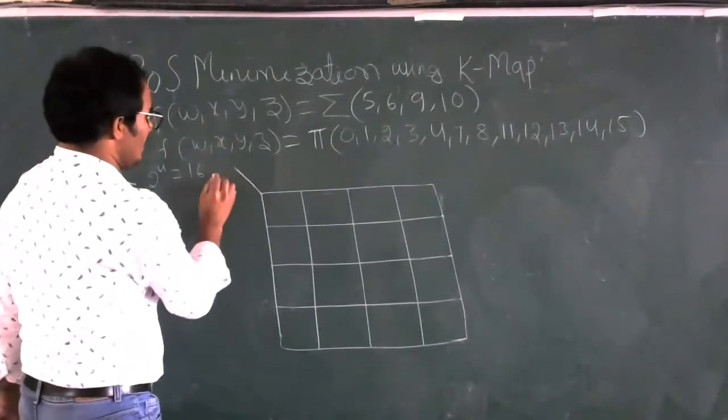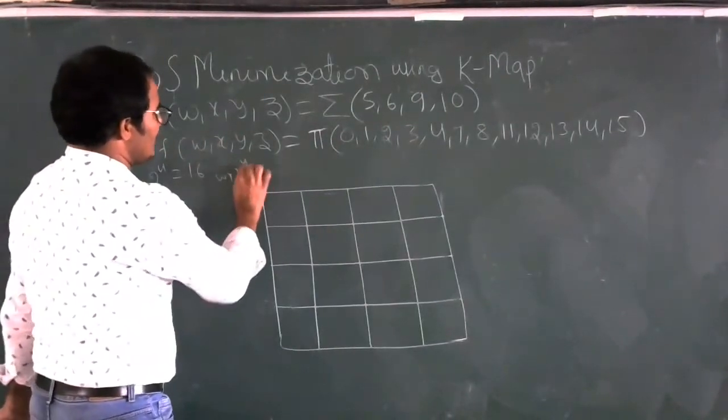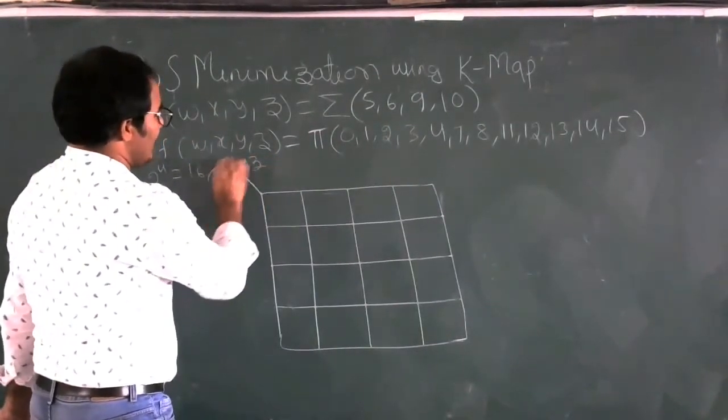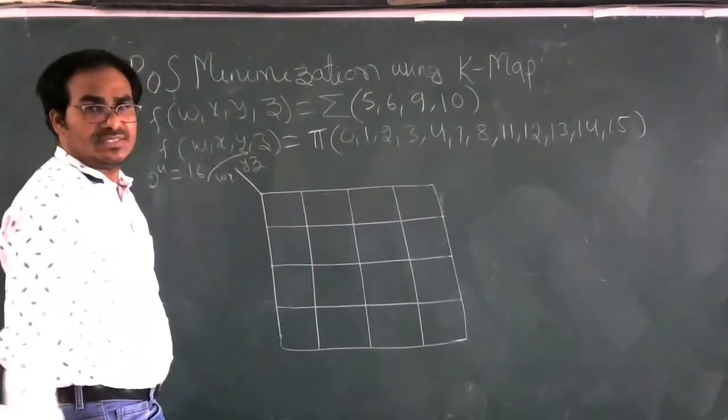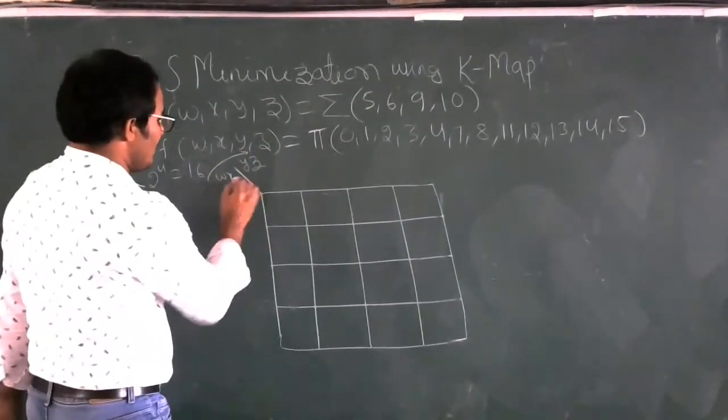The row elements are Wx, the column elements are Yz, and the direction is like this. This is very important, to specify the direction.